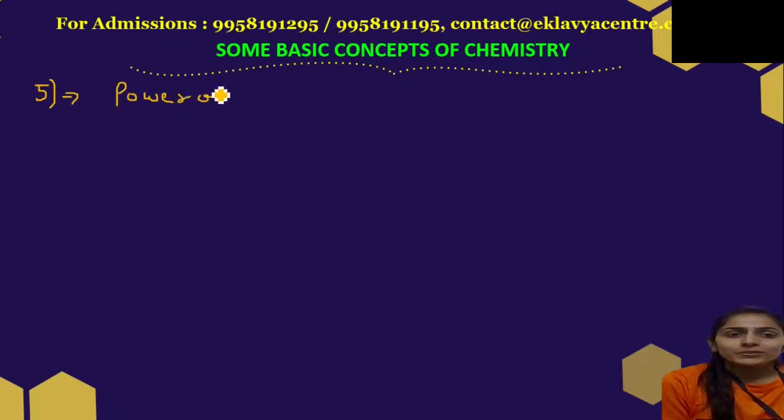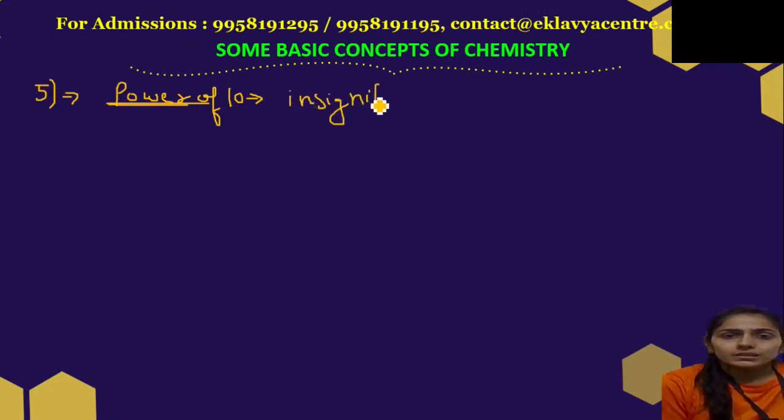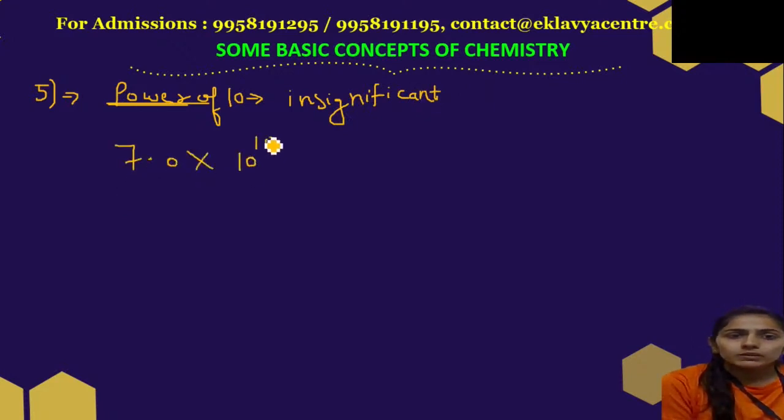I had removed all the ink. It's okay, I have not written much. Power of 10: the power of 10 is also insignificant. Like suppose I have 7.0 times 10 to the power 10.